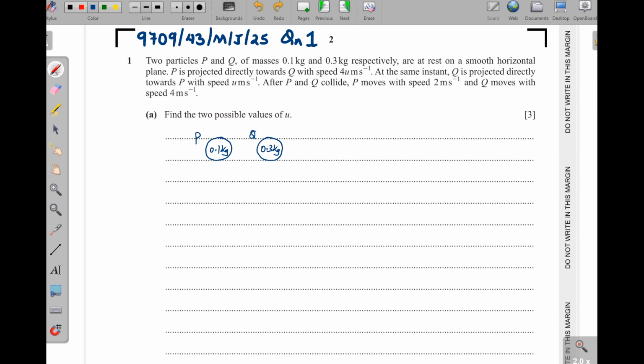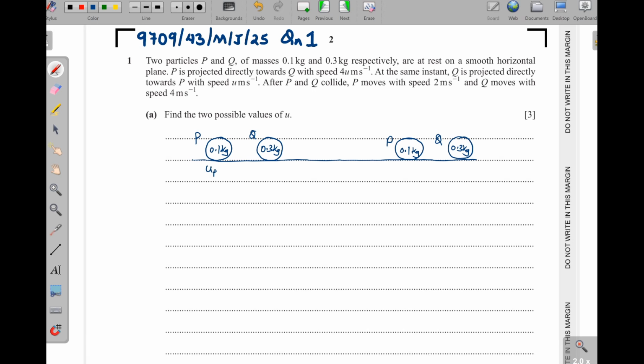Then we also have these two after collision. What happens to them? We have P and we also have Q, 0.1 kilograms, 0.3 kilograms. Now, we are going to consider two cases.